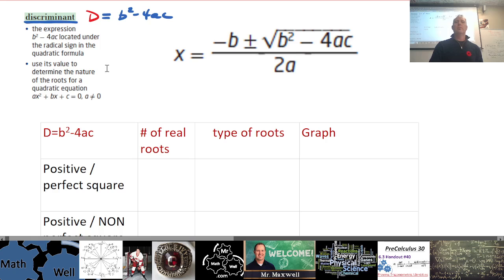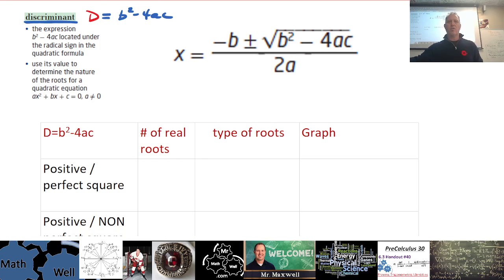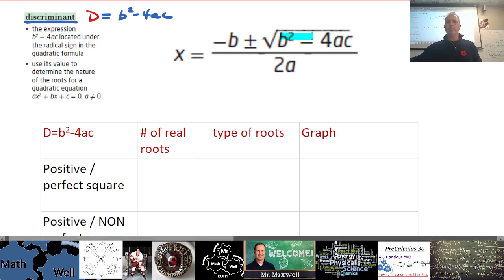The discriminant is the portion of the quadratic formula right here. It's the b squared minus 4ac. That's called the discriminant, and it's going to tell us a lot about the nature of the roots, the graph, and how many roots there are. So let's talk a little bit about that.